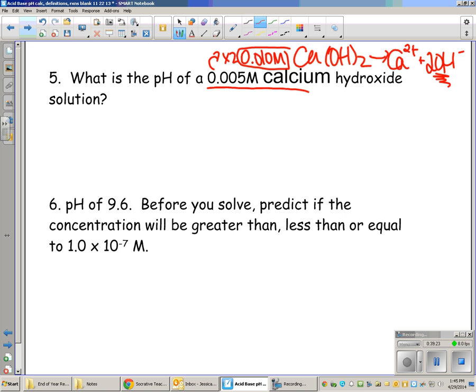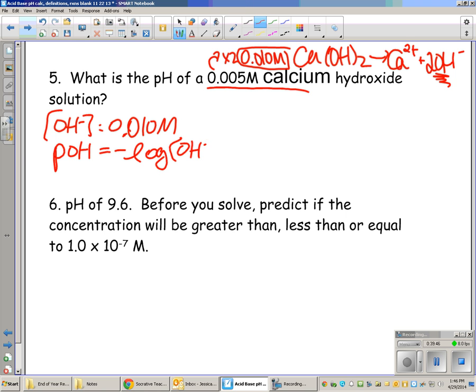Okay. So this one, I know the OH concentration is 0.010 molar. What can I automatically find from OH? pOH. So pOH is equal to negative log of the OH concentration. So negative log of 0.010, is that 2?